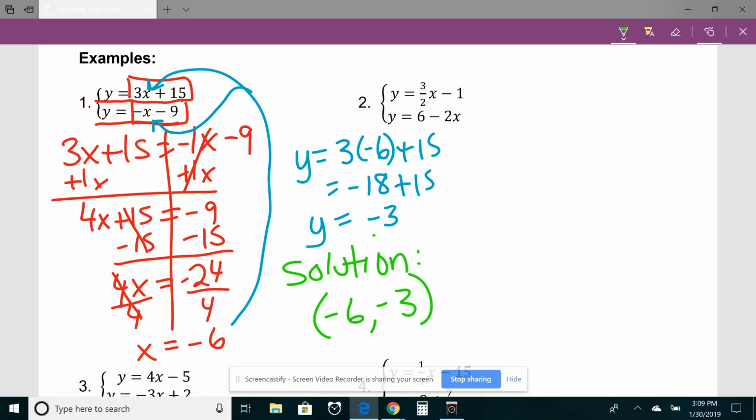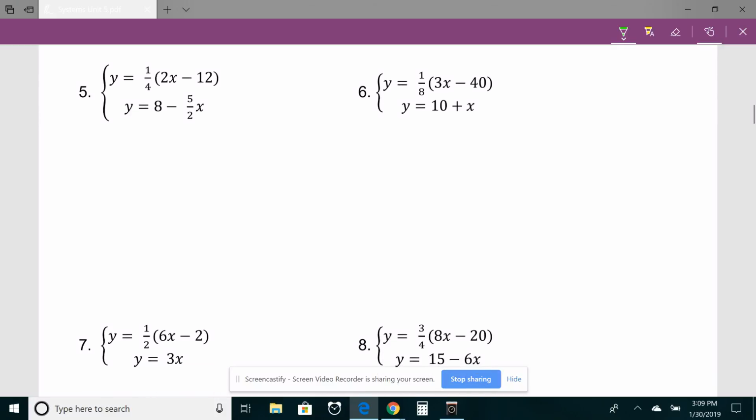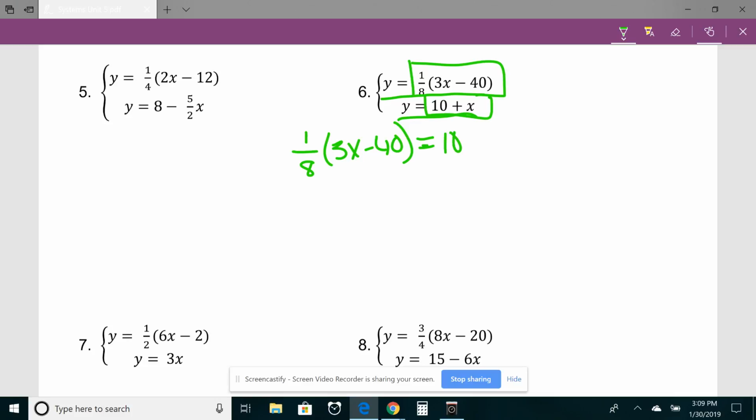All right, let's look at a more difficult one with fractions. Let's look at number 6. Okay, we have fractions and parentheses. So again, my y's are isolated, so all I have to do is set the expressions equal to each other. So we have 1/8 times 3x minus 40 equals 10 plus x.